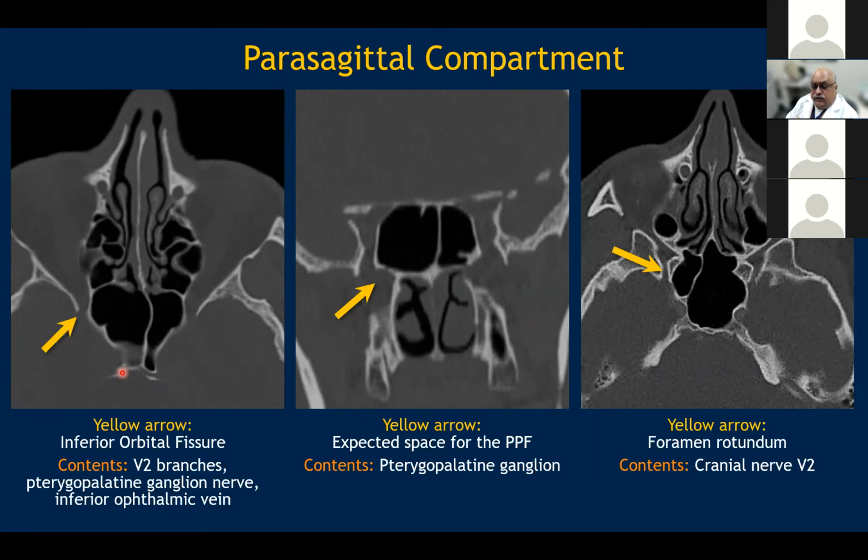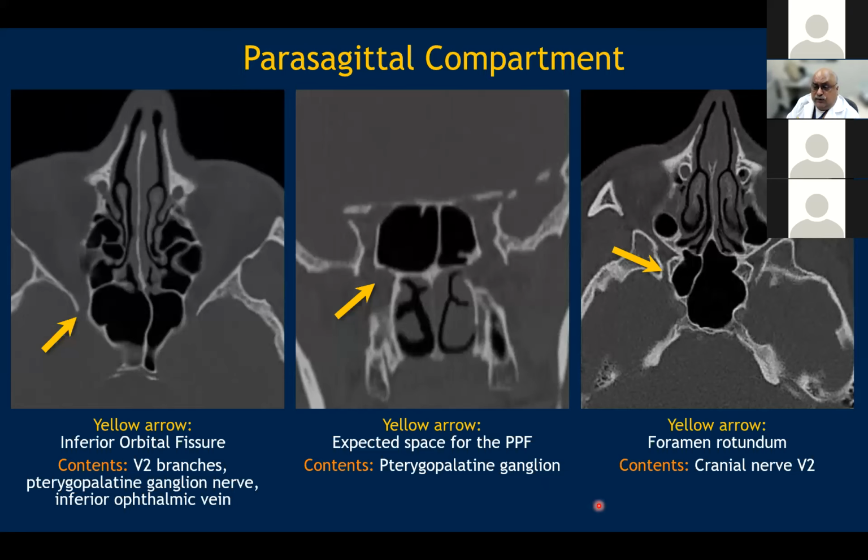The contents of the inferior orbital fissure include the pterygopalatine ganglion, the inferior ophthalmic vein, and in the coronal plane, the inferior orbital fissure actually leads into the shallow pterygopalatine fossa. The other important foramen which occurs in the same plane or slightly below the level of the inferior orbital fissure is the foramen rotundum, which contains the second division of the fifth cranial nerve.